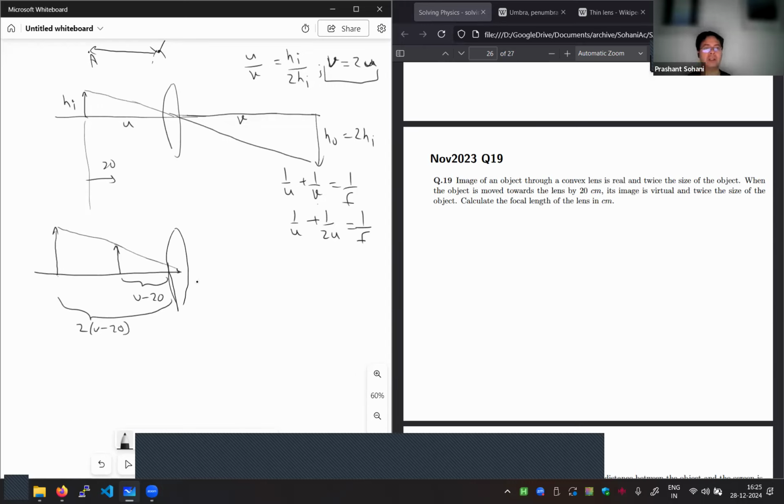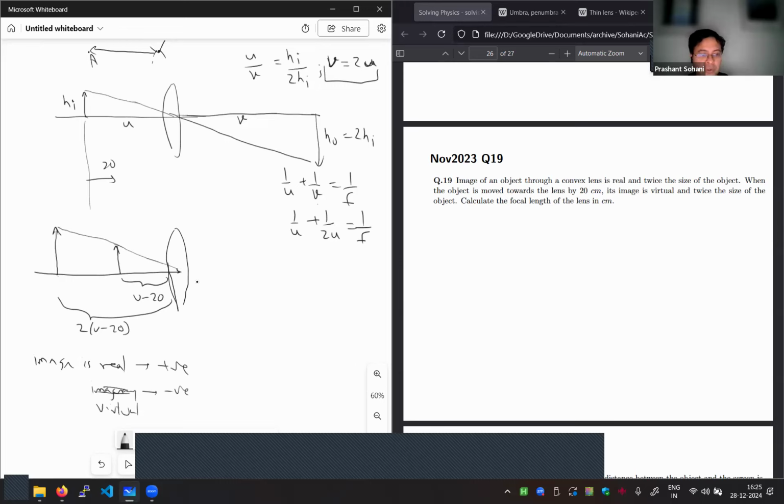Okay, and now again I have to write the lens equation, but this time remember, if I go back to my convention, what does the convention say? That if the image is real, then use a positive sign. If the image is virtual, use a negative sign. Or not imaginary, that is the wrong word, virtual.